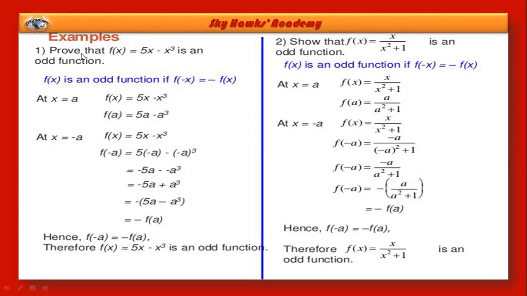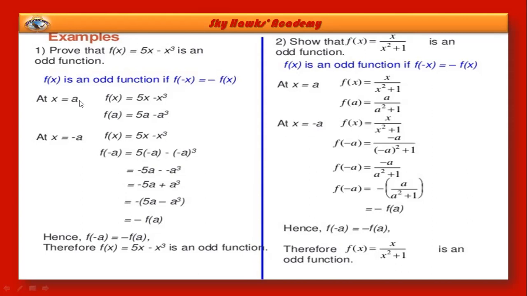From here, you can see that if we are replacing each and every x with the negative value of x, and f of x is an odd function, we get the value of the function the same but with a negative sign, the negative of that function.